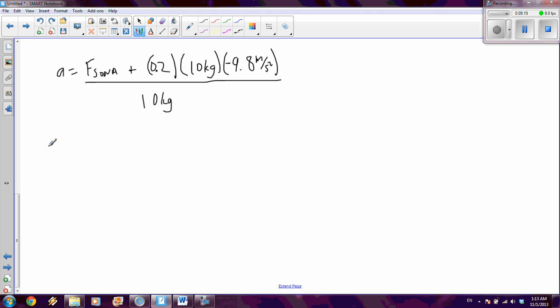Multiply both sides by 10 kilograms. 10 kilograms times our acceleration is equal to the force string on box A. Multiply these all out, and we get a negative 19.6 kilograms times meters per second squared.